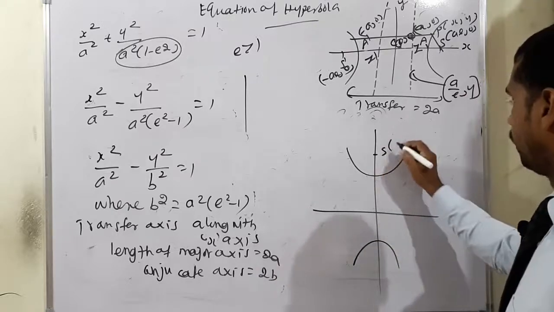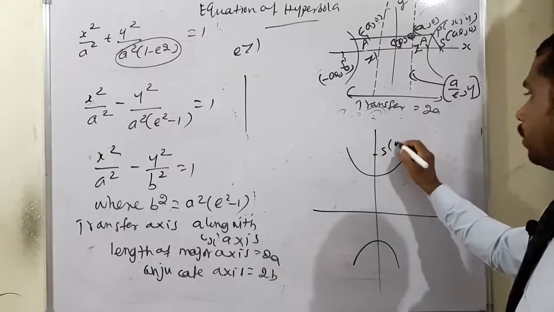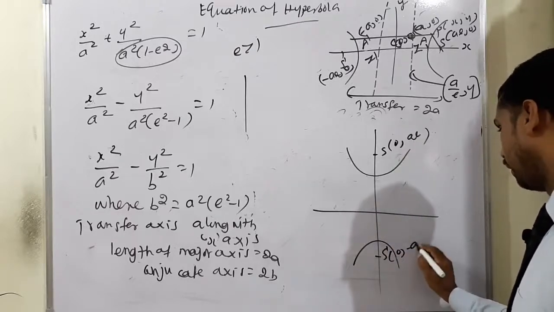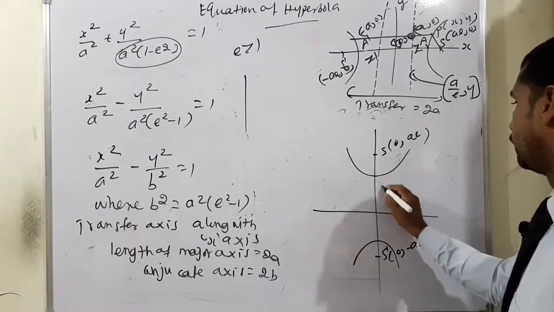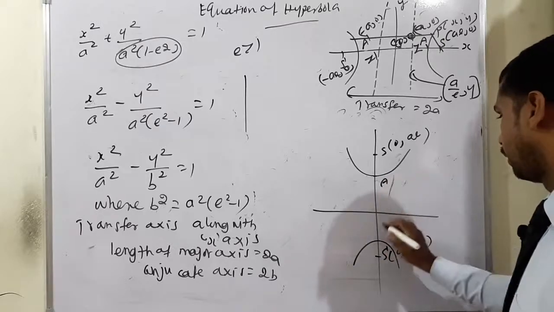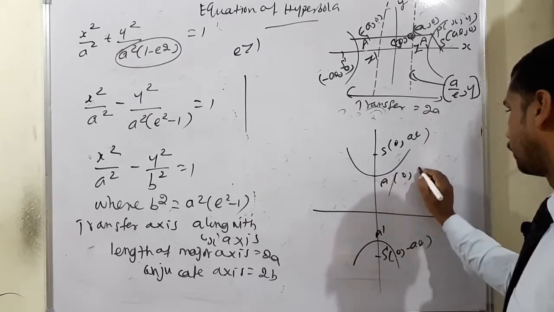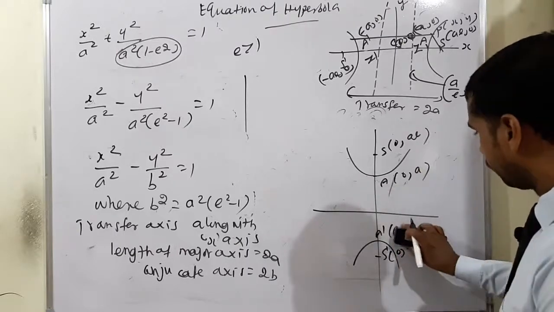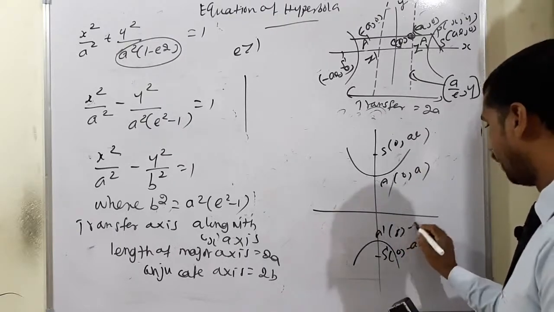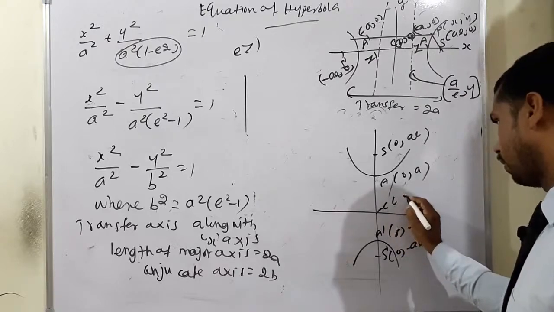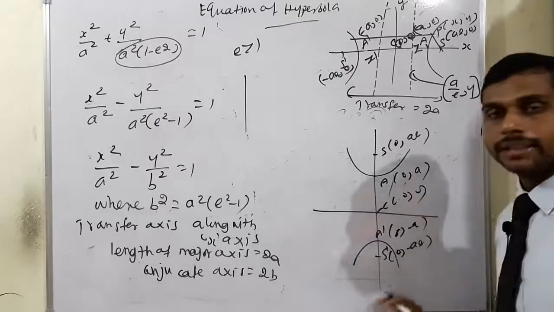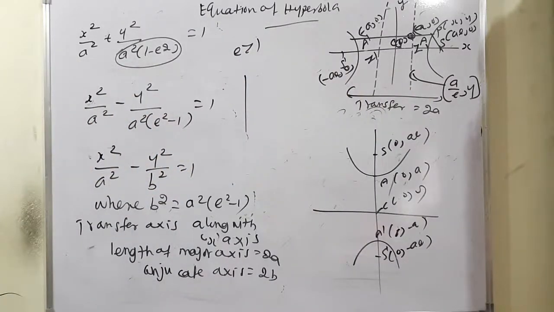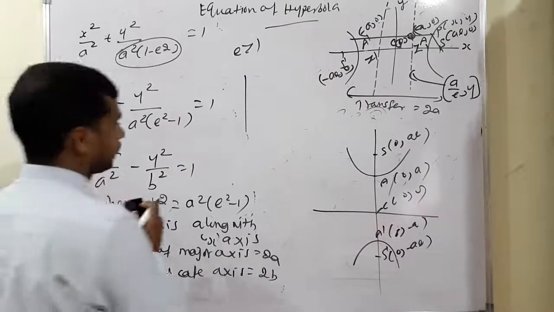So this is foci, means definitely x point will be 0, that is 0 comma ae, this is s dash, means 0 comma negative ae, as well as this is the vertex at point a, this is a dash, means this is considered for 0 comma a, this is called 0 comma minus a, this is the center 0 comma 0. This is called transverse axis along with y, okay. Then another important 2 points, first point, length of latus rectum.